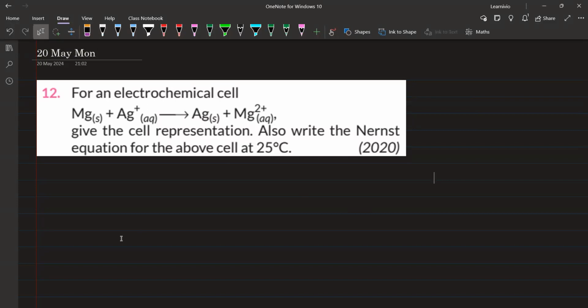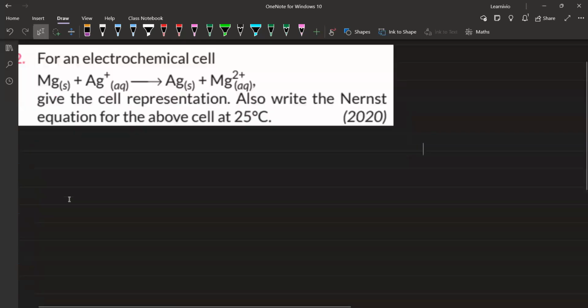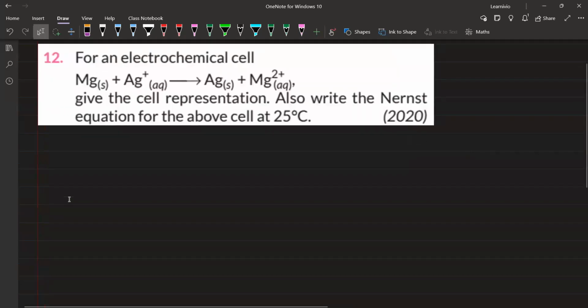ठीक है? Product और reaction में number of the charge, total charge, and the number of atoms of each element should also be same. So write the balanced chemical equation, and then only for that you can write the Nernst equation if you remember. And in the previous lecture, I told you guys, Nernst equation is written for balanced chemical reactions, not for a cell. ठीक है? Reaction के लिए लिखा जाता है. So please try this.